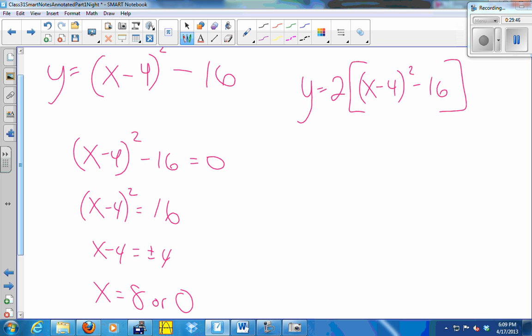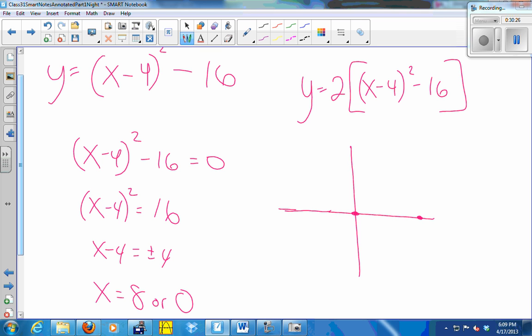Now when I set this thing equal to 0, the 2 is irrelevant, right? Because I can just divide both sides by 2, and I'm setting that to 0. Vertical stretches don't affect x-intercepts. The x-intercepts were 0 and 8. A vertical stretch takes every y coordinate and doubles it, and the y coordinates of x-intercepts are 0.